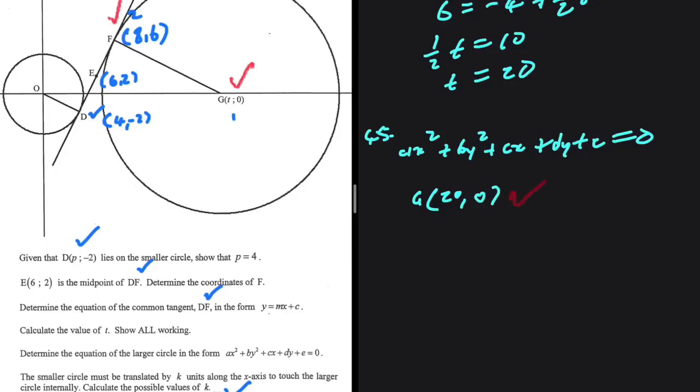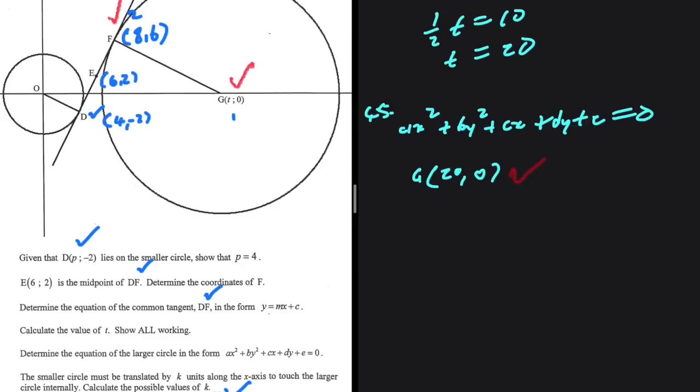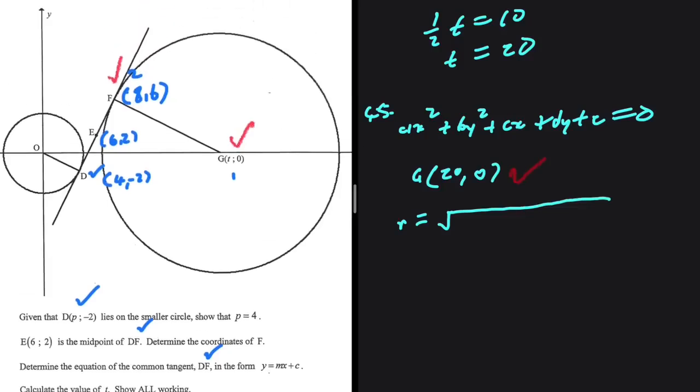What else do we have? We need the center and the radius at least to talk about the equation of a circle. So let's go ahead and see how we can conjure up the radius. Let's find the radius first, and then we're going to find the radius squared, okay? So this is going to be the square root of the distance formula. GF is the radius.